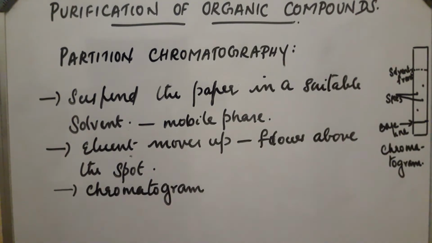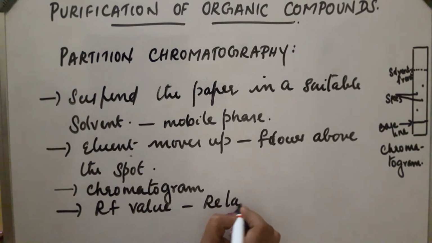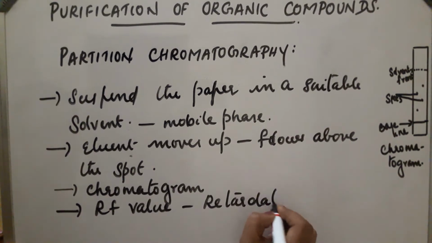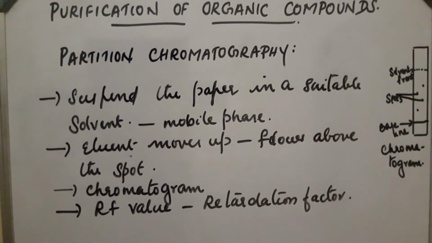These spots can be identified by using the RF value, or retardation factor. Different spots will be at different distances from the baseline.